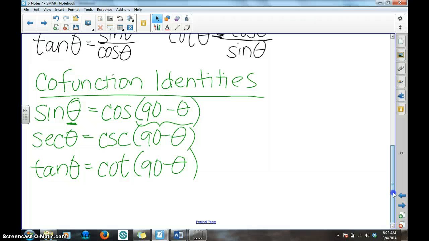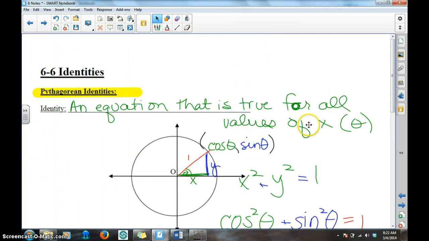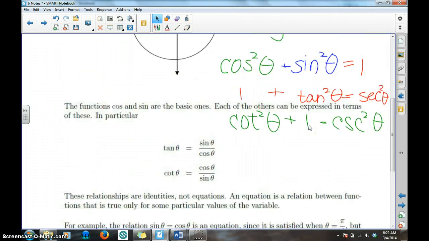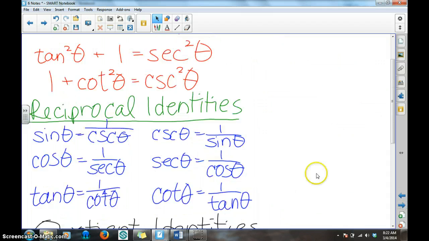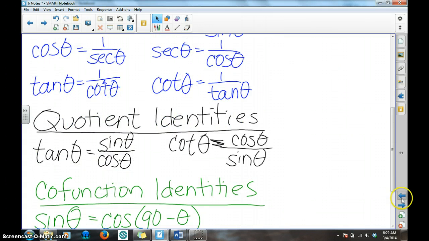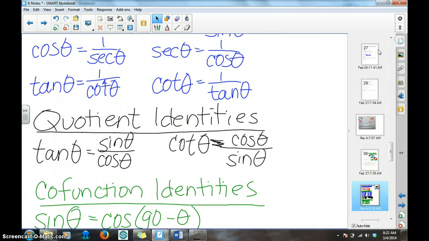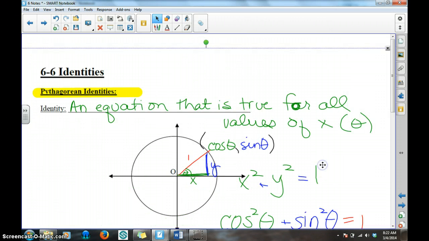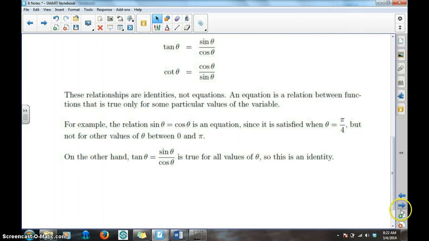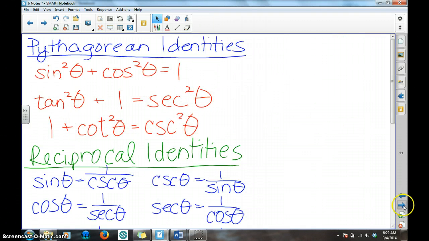To use them is going to look like this. So now I'm going to go back a page, and I'm going to try to use them to simplify some of the examples on page 28.